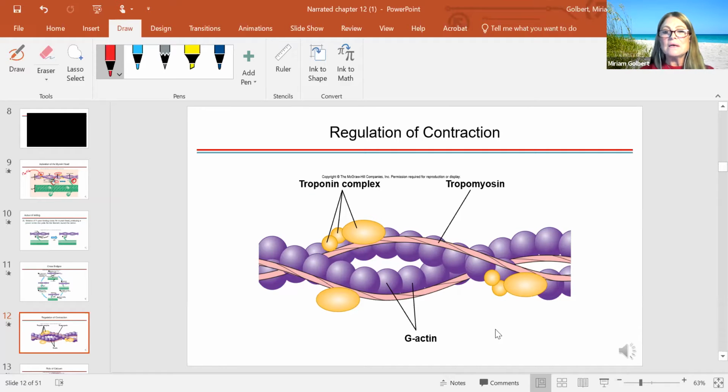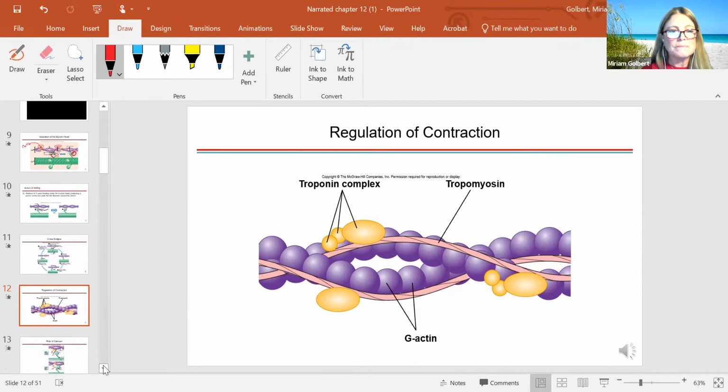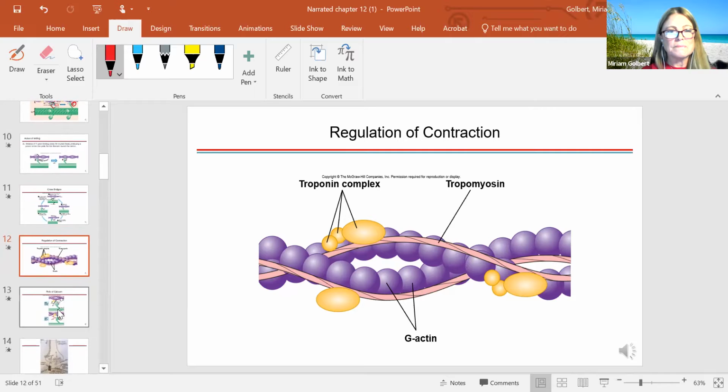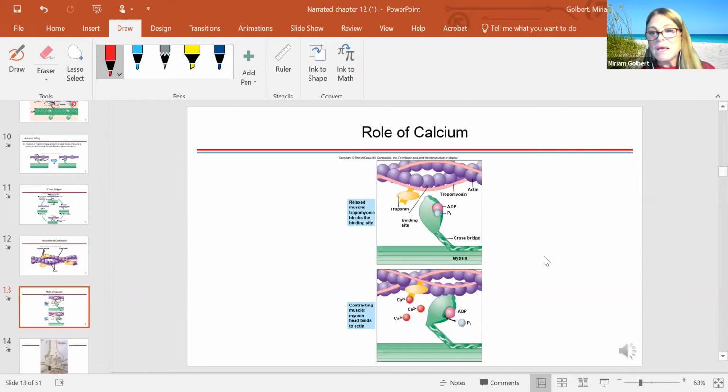And you can tell here how troponin is attached or bound to tropomyosin. So you can tell here that when tropomyosin is covering the active site, let me see, I don't know if you can tell there.